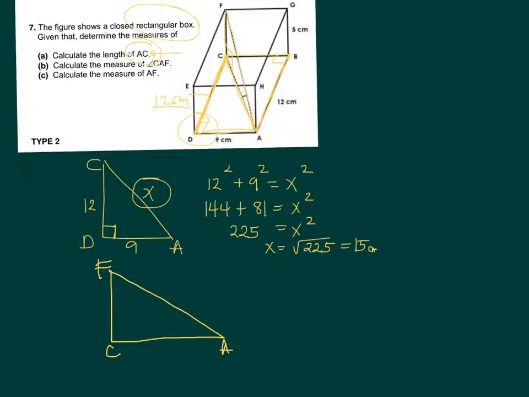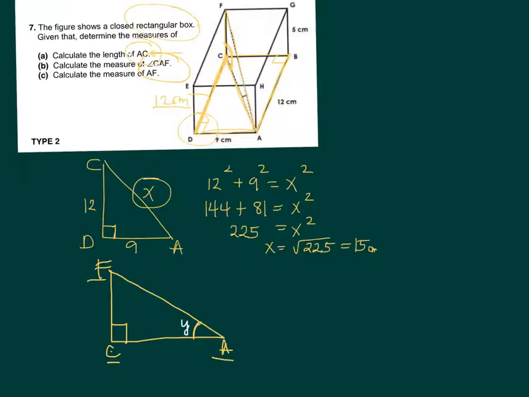Again, a while ago I said there are some hidden angles, and it's not easy to see that they're actually 90-degree angles. So, for example, angle FCA is a 90-degree angle. If I want to find CAF, this is the angle that we need to find. So let's call it Y.